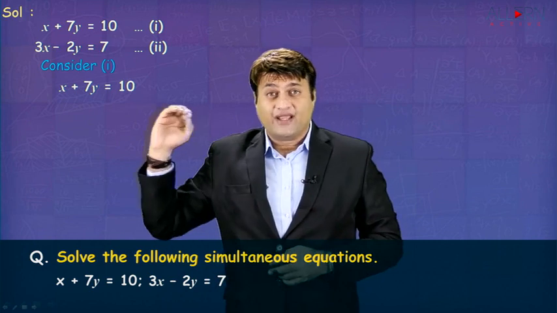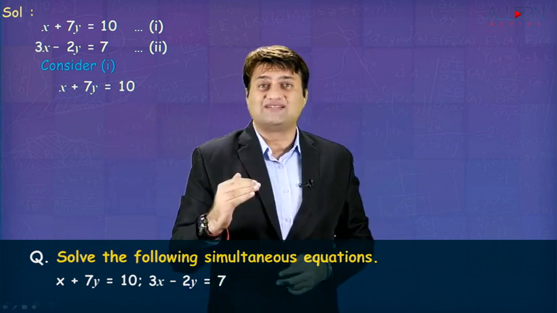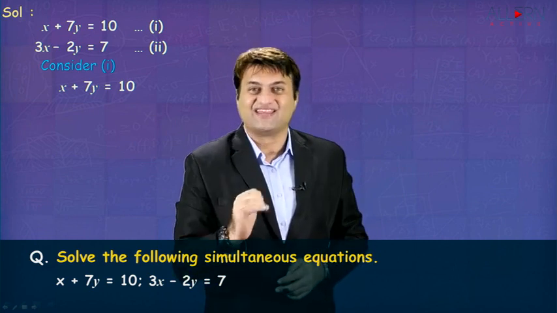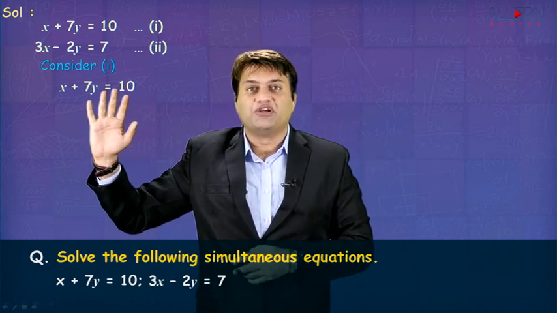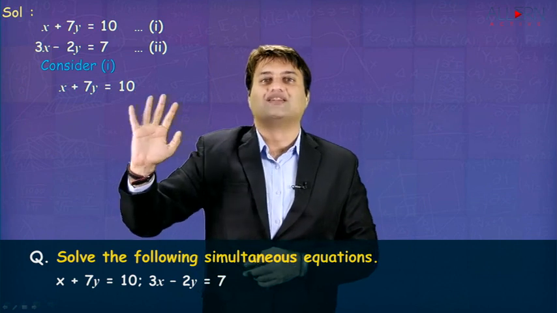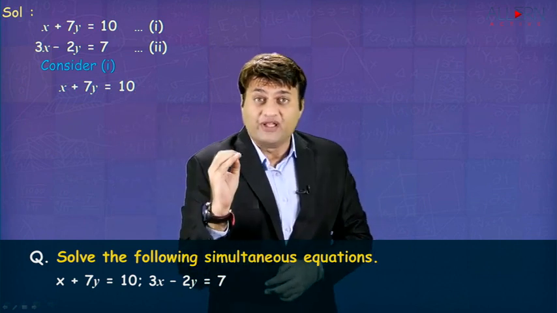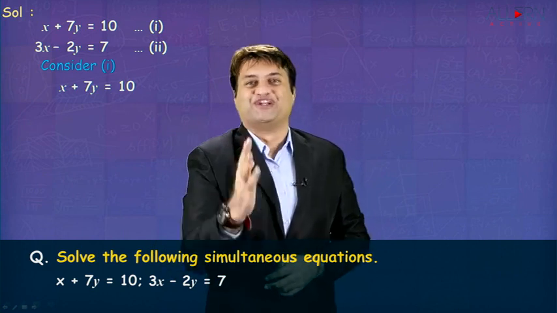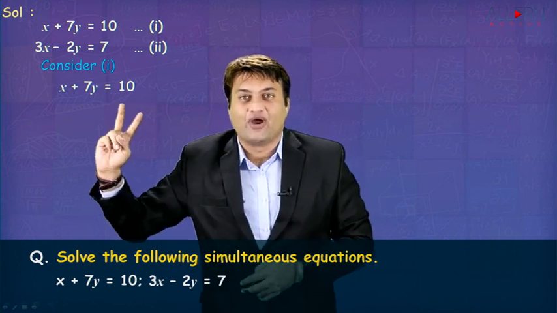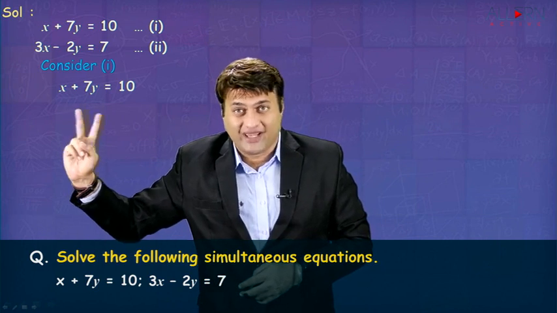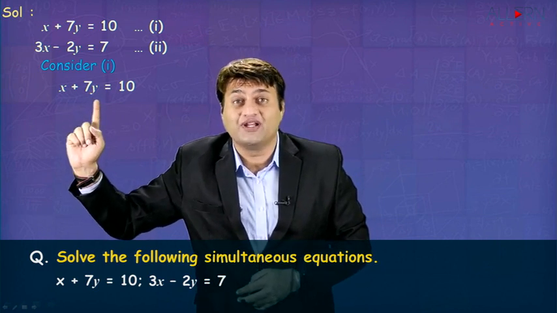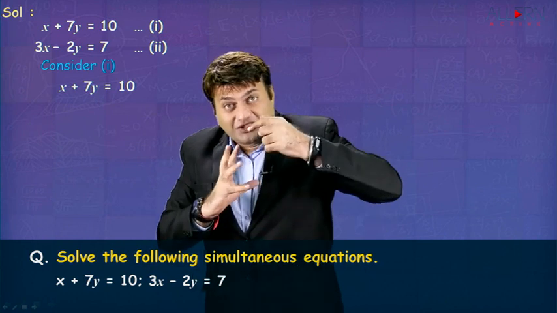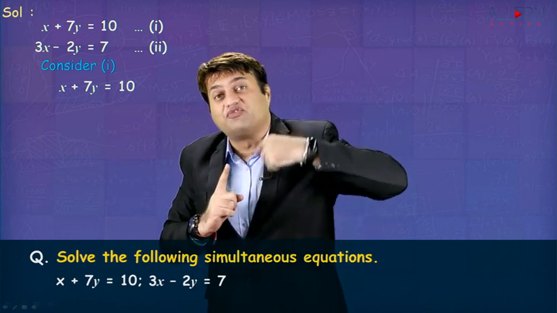Now we need to write this equation in the form of either x is equal to something or y is equal to something. In the sense, we need to shift one of the two variables to the other side. Now which variable is to be shifted? The one which has got a larger coefficient. So x plus 7y is equal to 10 has a larger coefficient, 7y. Because 7y is the larger coefficient variable, let us shift it to the other side.